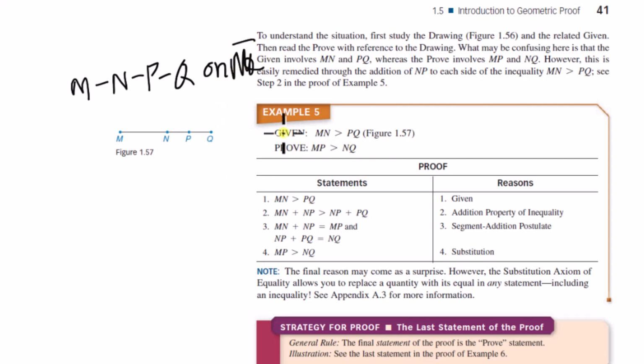If all we saw was MN is greater than PQ, that could be two separate line segments for all we know. So I guess maybe it doesn't matter. I guess they don't need to state that.